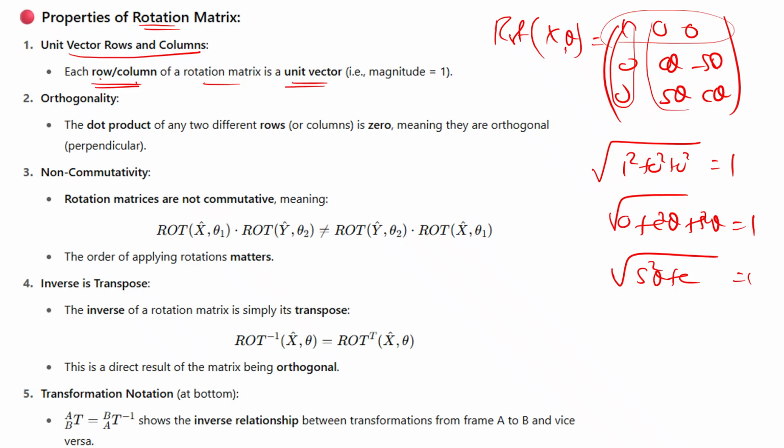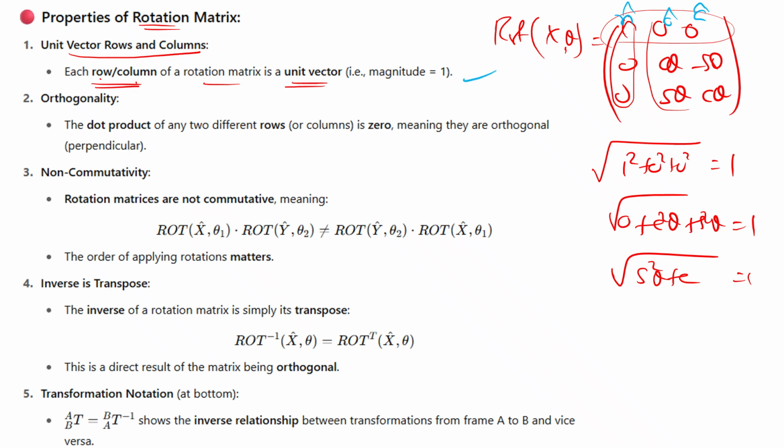This is the n vector in the current frame, and this is the reference frame. So each row or column of a rotation matrix is a unit vector. That is the first one.